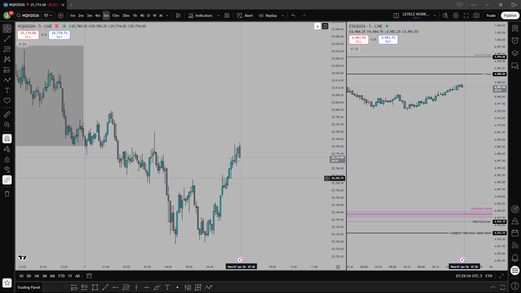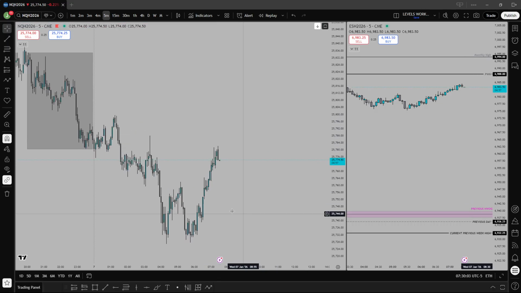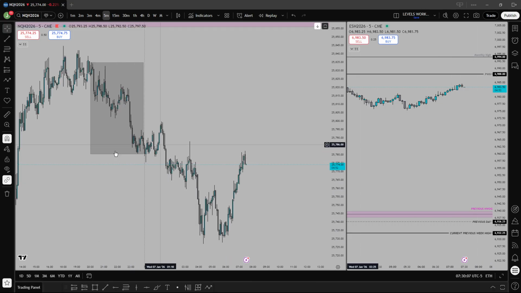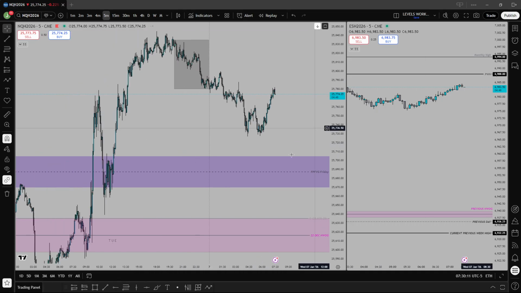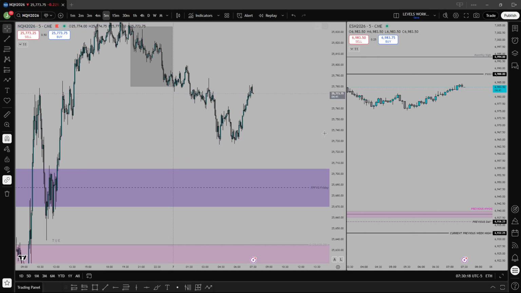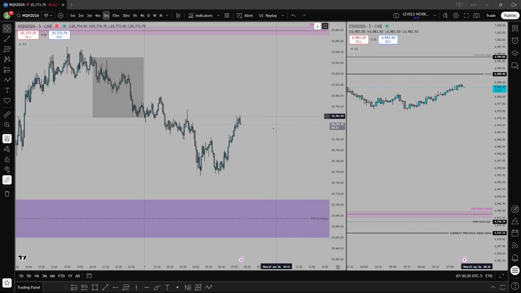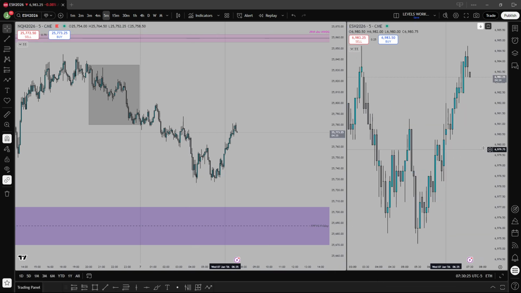Could reject, because if it's time distortion, then I would expect it to reject and at least take these lows out. I know that we have taken the Asian low already, but maybe go a little further down from here again. Basically, I want to say it's not the time to move.